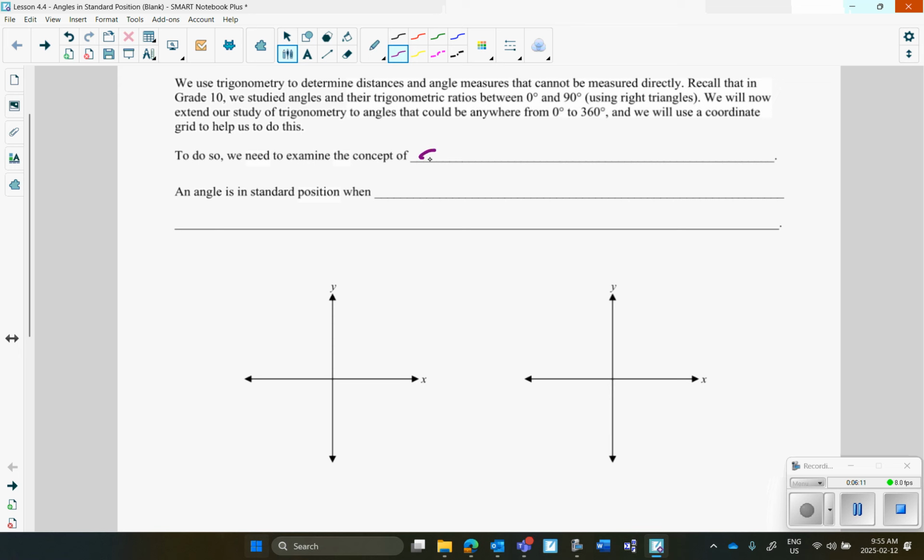So the first thing we need to look at is angles in standard position using a coordinate grid. We're not just going to draw them freehand.